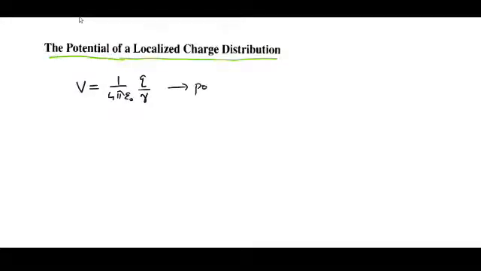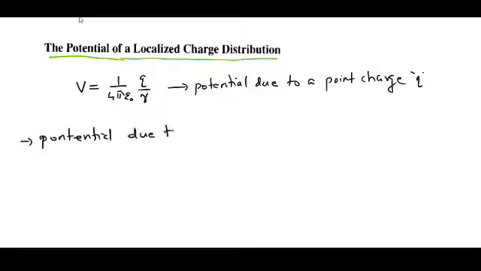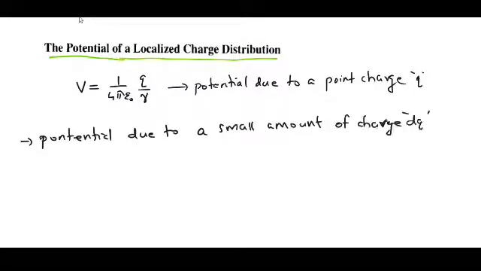Then the potential due to a small amount of charge dq can be written as dV equal to 1 by 4 pi epsilon 0 dq by r.